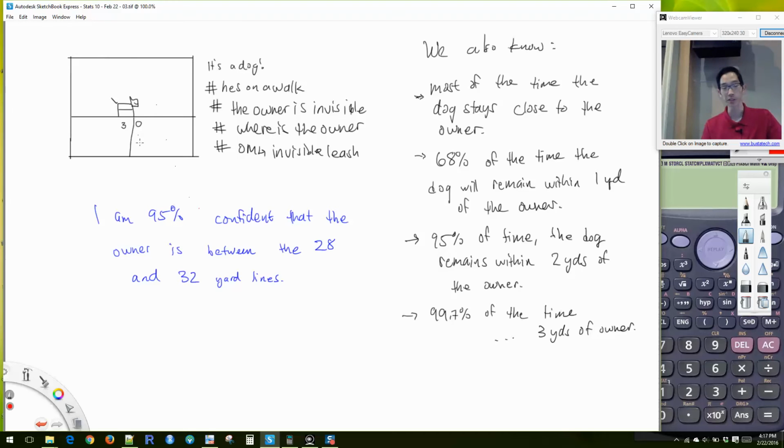With confidence intervals, okay, we do not know the value of p, which is the population proportion, okay? We don't know what proportion of candies in the bucket are red. Okay, that is a mystery to us.